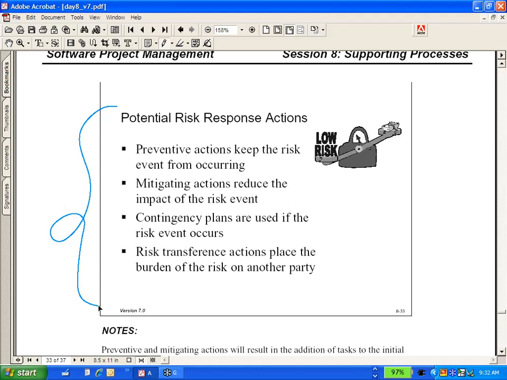There are 4 things you could do: preventive actions, mitigating actions, contingency plans, or you can transfer the risk to somebody. Four things you could do in response to a risk.